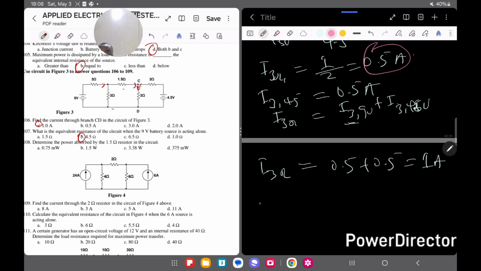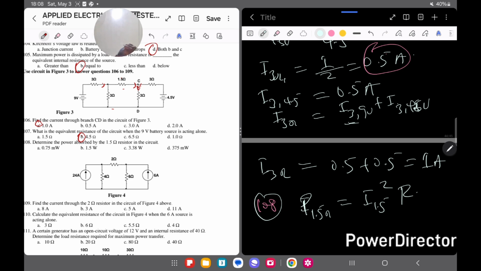This is question 108. The power will be equal to the current passing through the 1.5 ohms squared times the resistance.